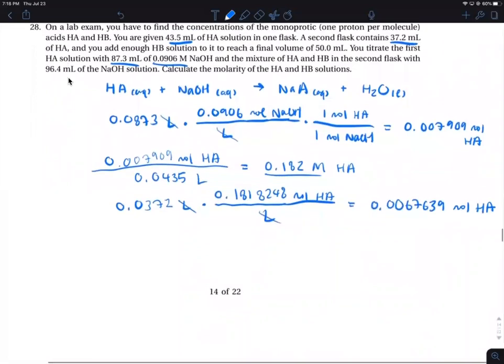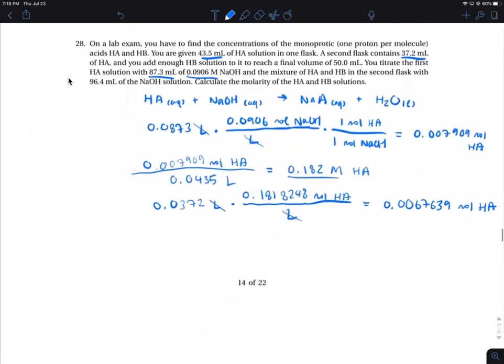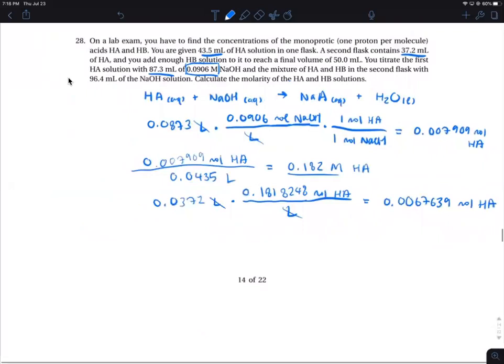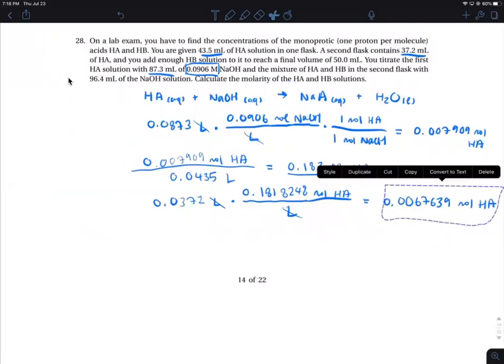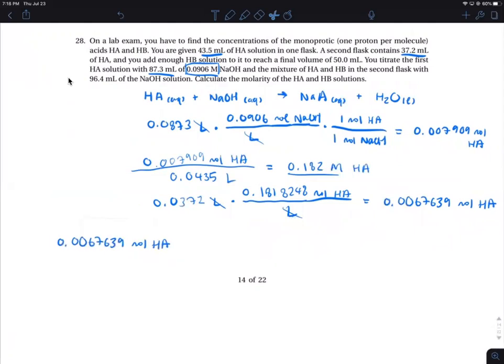All right, so now we found that. So what we need to do now is find the volume of NaOH needed to titrate this amount of HA. So how do we do that? We just use the molar ratios and the given molarity of NaOH. So let's take this value one more time. For every 1 mole of NaOH, there's 1 mole of HA.